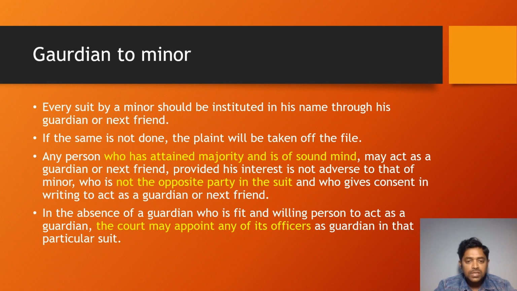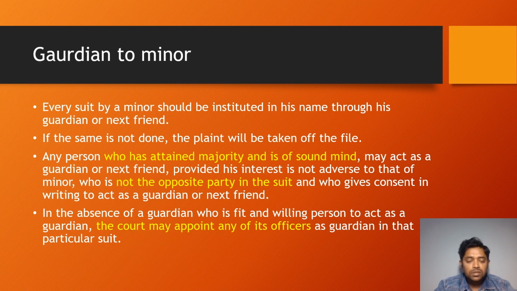A person who has attained majority and is of sound mind may act as a guardian or next friend, provided his interest is not adverse to that of the minor, he is not the opposite party in the suit, and he gives consent in writing to act as a guardian or next friend.